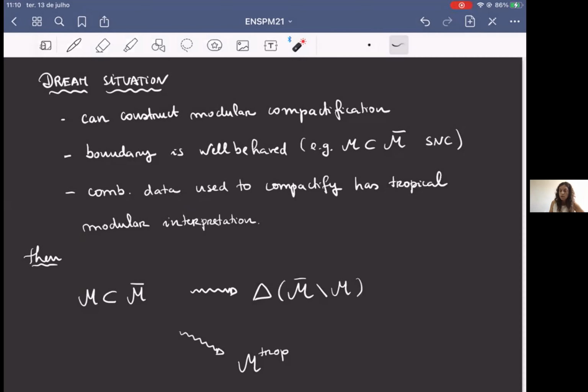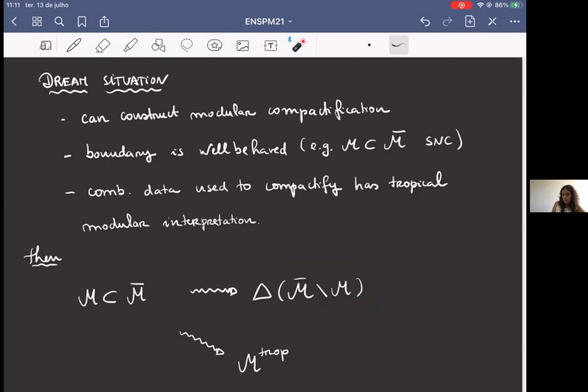Then the picture you can try to work with is the following. You start with your compactification. This works for any variety, but the cases I will be treating are always moduli spaces. And if you have this nice geometric condition on the boundary, you can construct out of this the boundary complex of the boundary.